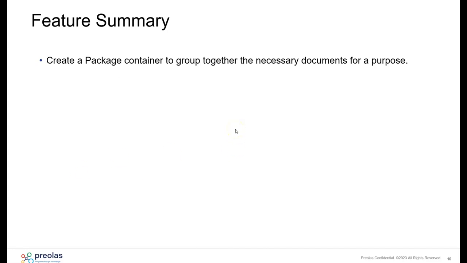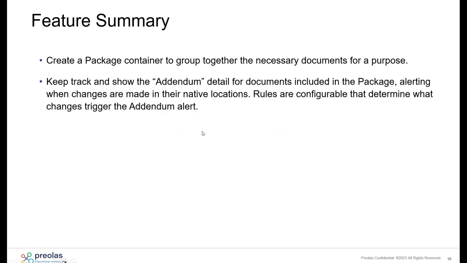This is very much like the standard OpenText collections, except it adds the extra features that allow us to keep track and show any changes that have been made to the documents that are inside that package, and allows us via an addendum report to see those changes and decide whether we want to add those changes into the package or not. And the rules are configurable within the admin area of OpenText Content Server to determine what actually triggers the addendum alert.